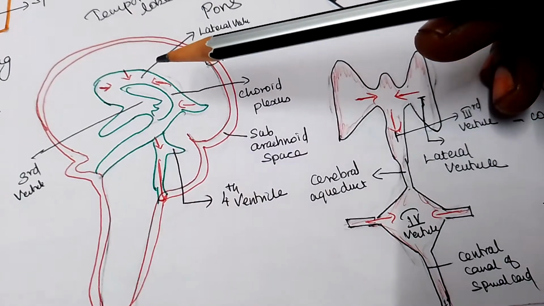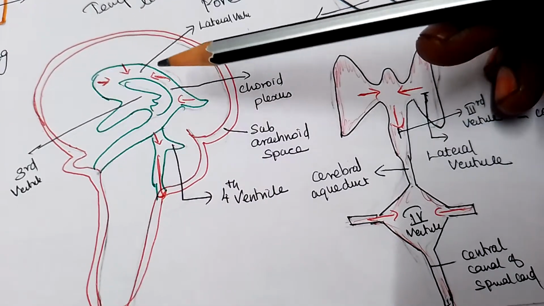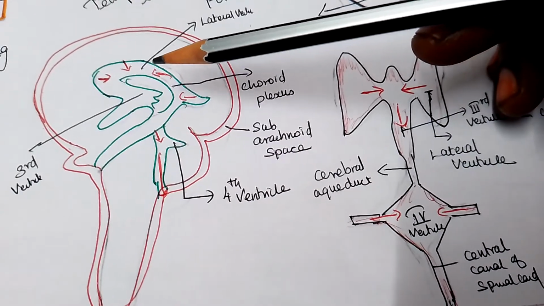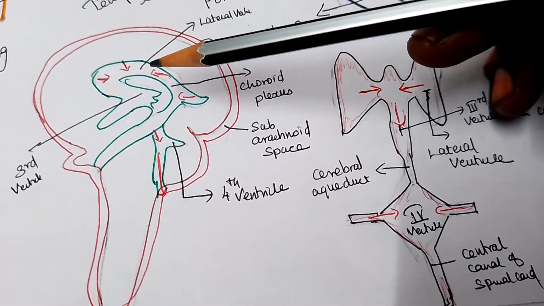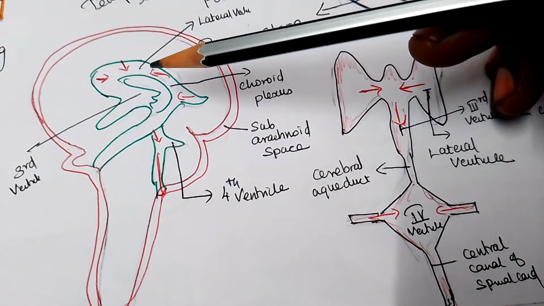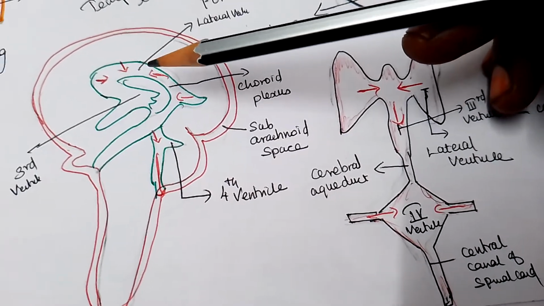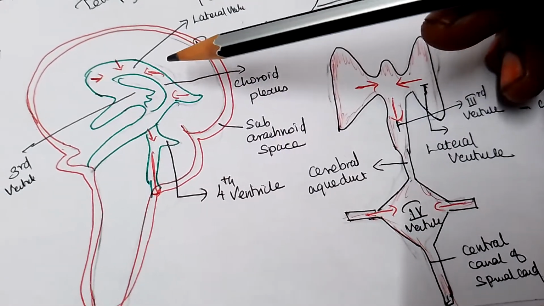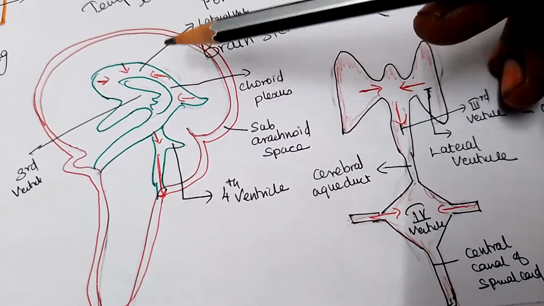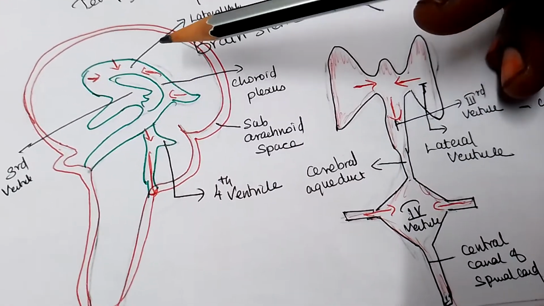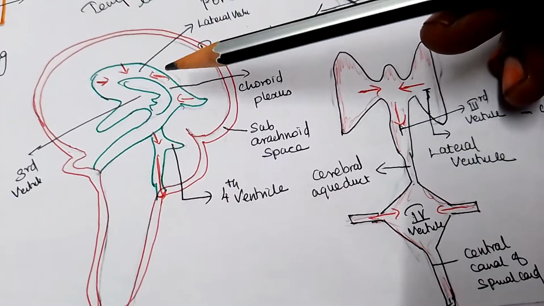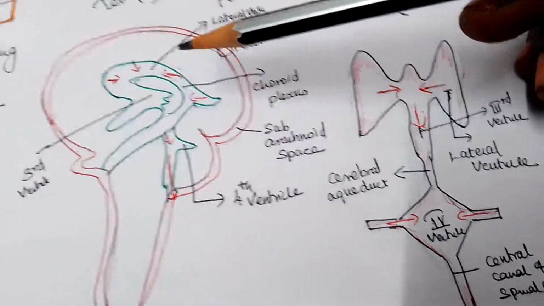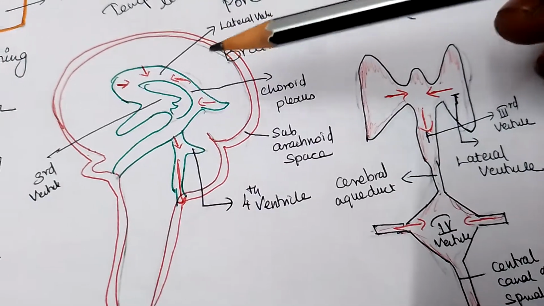In the upper portion of the ventricle there is the choroid epithelium, which secretes a fluid called the cerebrospinal fluid. So cerebrospinal fluid is secreted from here. What is the main function of the ventricles and cerebrospinal fluid? Mainly this fluid keeps the brain protected, acting like a cushion.